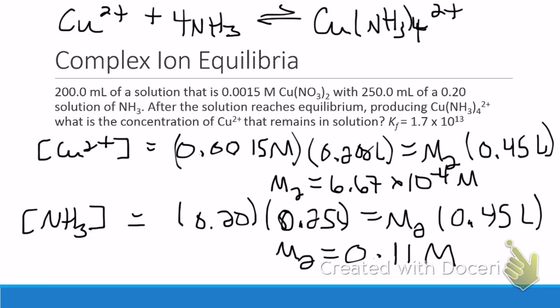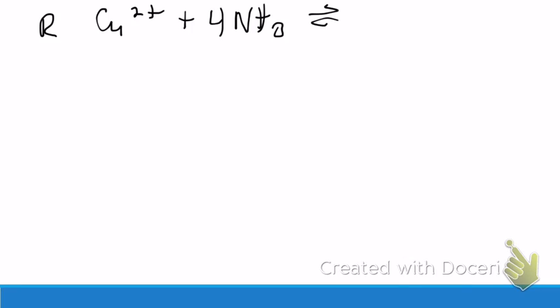So now we have our initial concentrations for our equilibrium system, and we can use that to set up a RICE chart. Of course, the first part of a RICE chart is going to be the reaction: copper 2 plus plus 4 ammonia is in equilibrium with our complex ion.